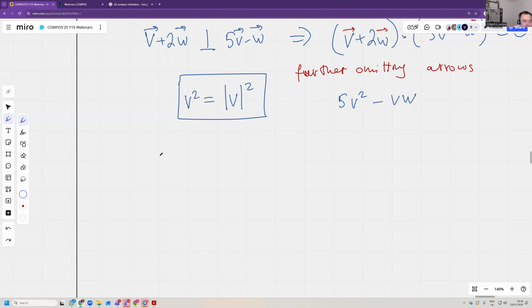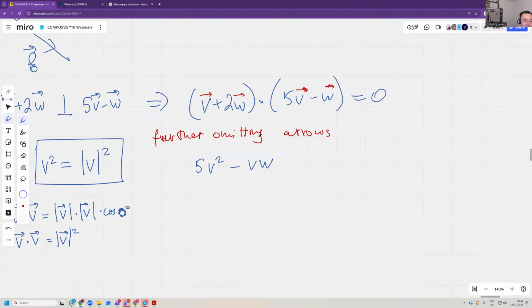So vector v multiplied by vector v is the modulus of v multiplied by the modulus of v times the cosine of the angle. But the angle between vector v and v is 0 because it's the same vector. So it's cos 0 degrees, and therefore v times v is equal to modulus v squared because this is just 1. Okay.